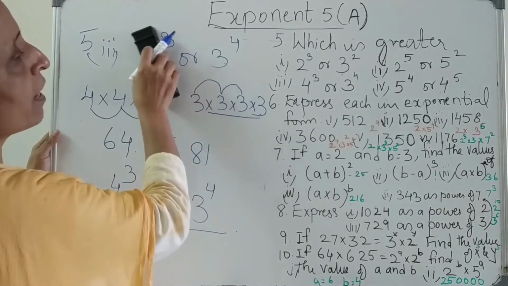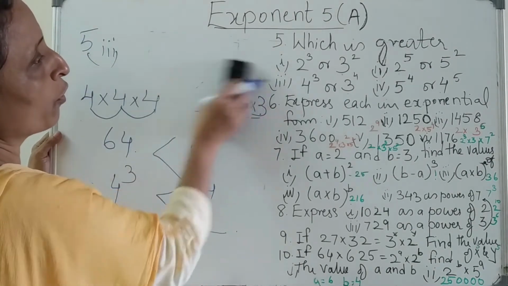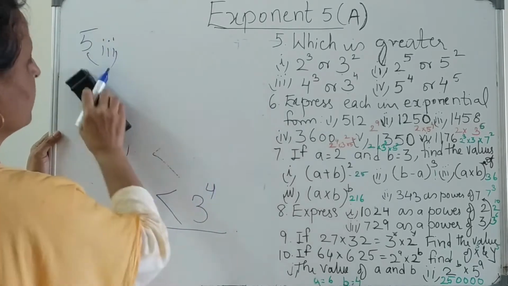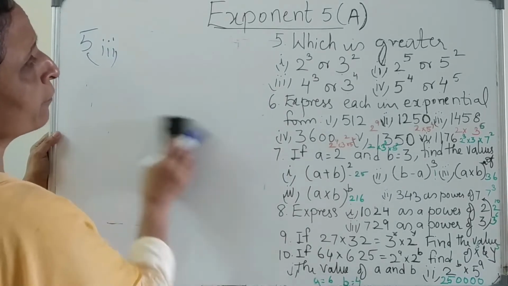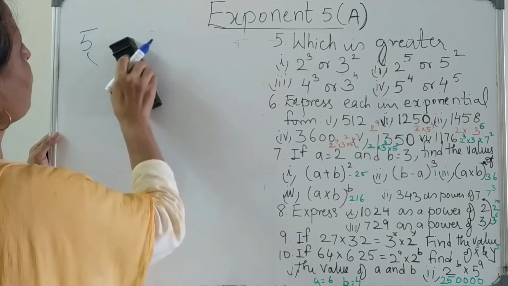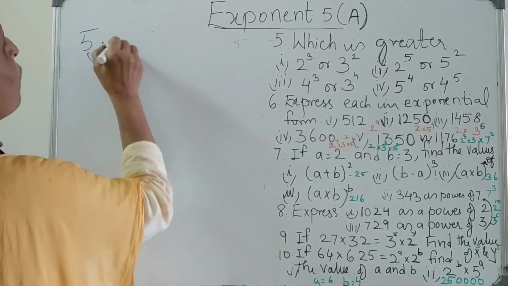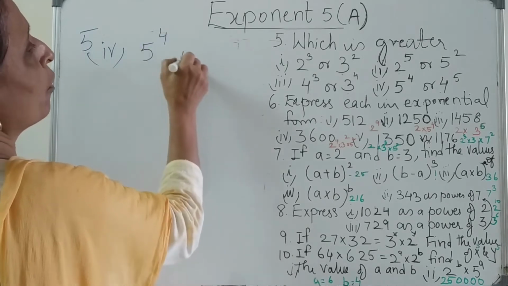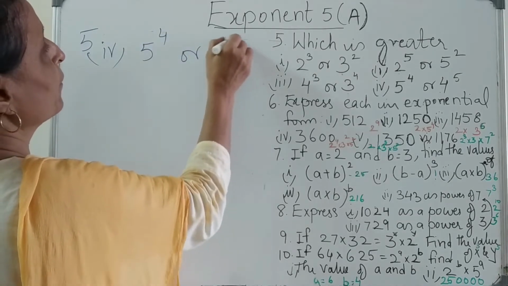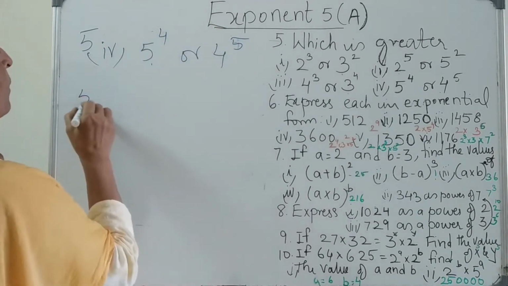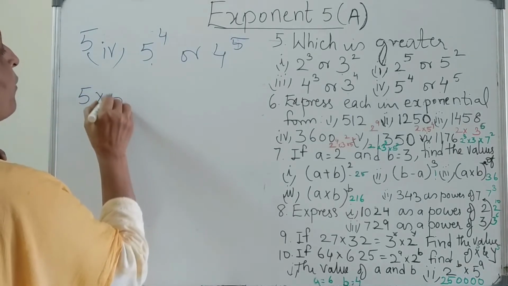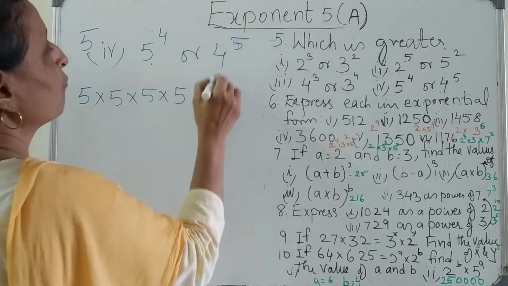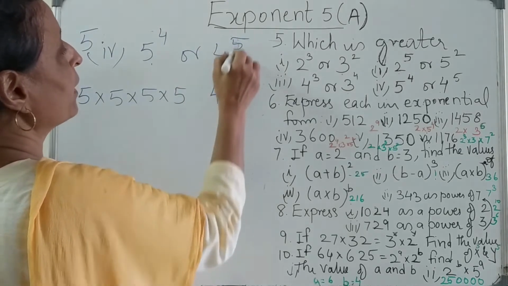Now the fourth sum, 5 raised to 4 or 4 raised to 5. Let us solve this. 5 raised to 4, you multiply 5 into 5 into 5 into 5, 4 times. And 4 you multiply 5 times.